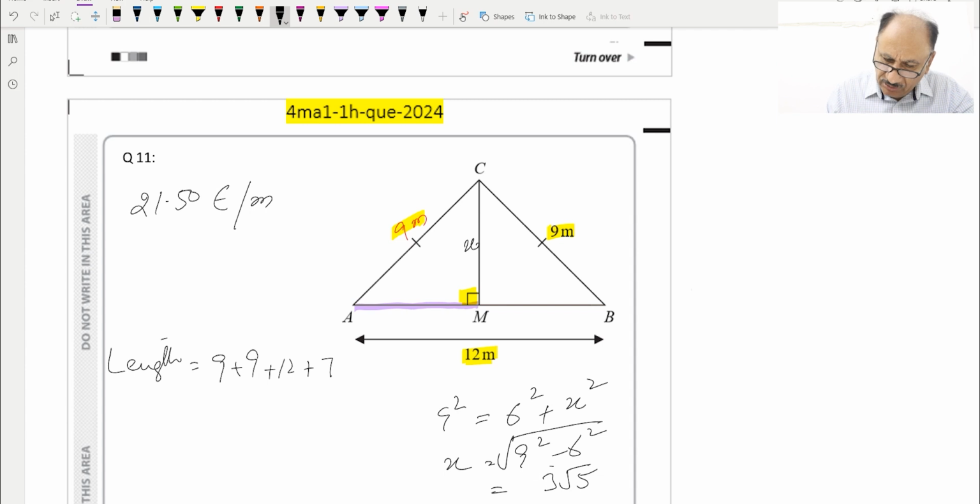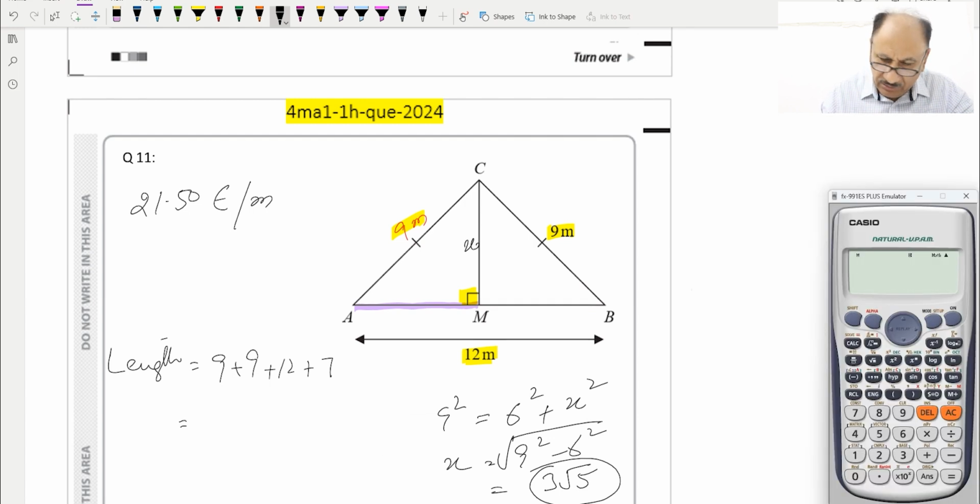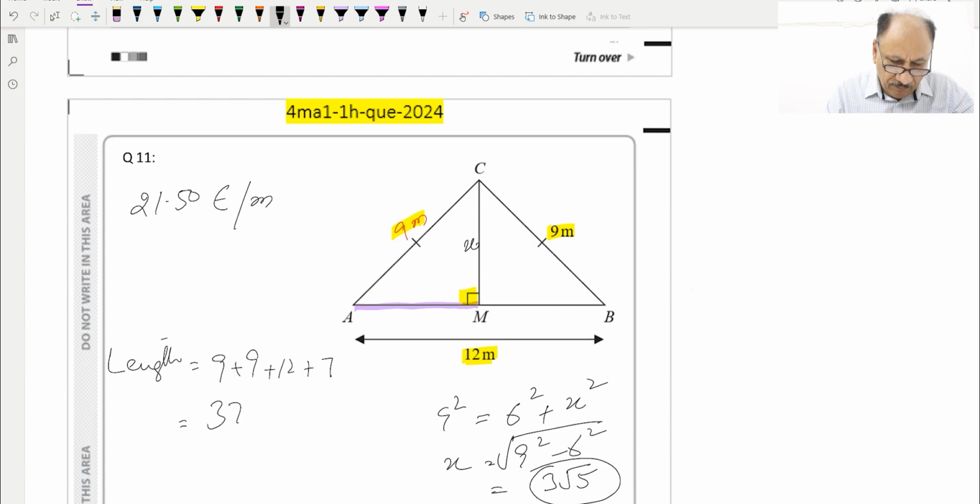I have rounded this to 7, because we cannot buy decimals. This is the complete length we need to buy, which by the condition of the question we have converted. So 9 plus 9 plus 12 plus 7 will be equal to 37 meters we need to buy. So rate per meter is this one.